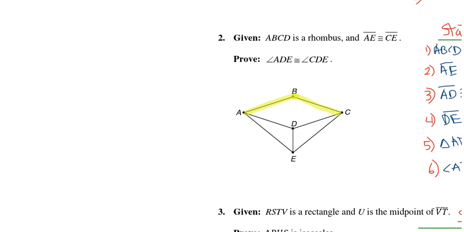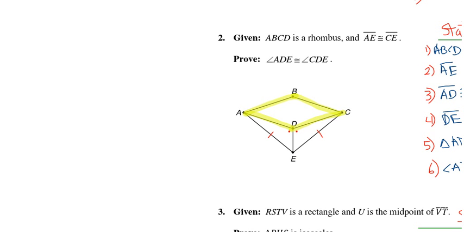So this is the rhombus. And then in addition to that, we have that segment AE is congruent to segment CE. And our job is to prove that angle ADE, this angle here, is congruent to angle CDE, this angle here.